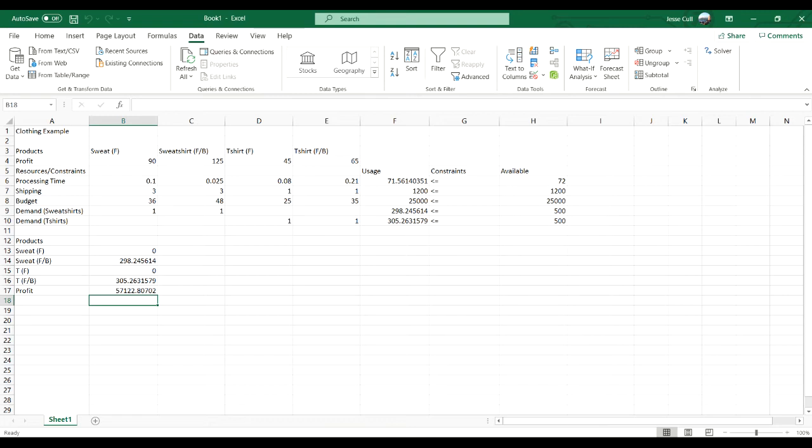So our total profit, if we manufacture this, will be $57,122.81. This is our ideal manufacturing choice. If we manufacture less or more of anything that we've indicated, we're either reducing our maximum profit or we are violating one of our constraints.